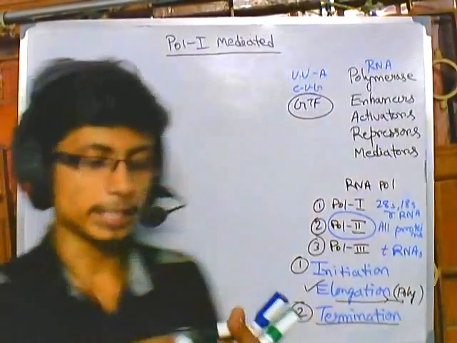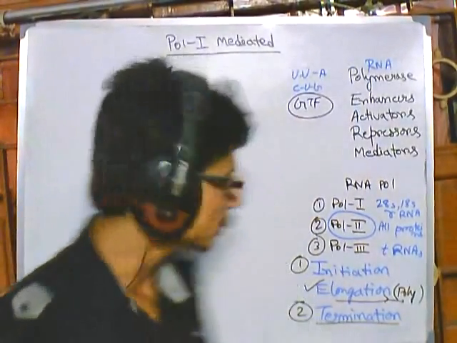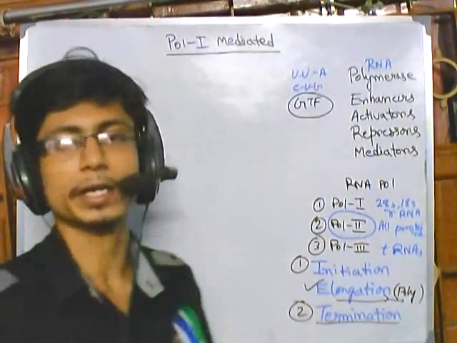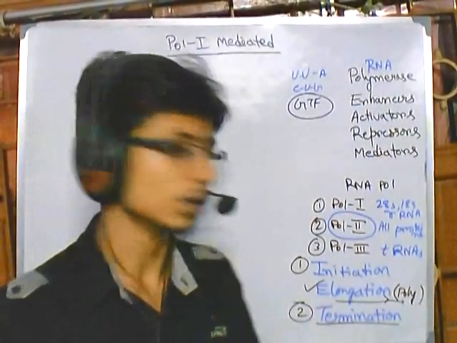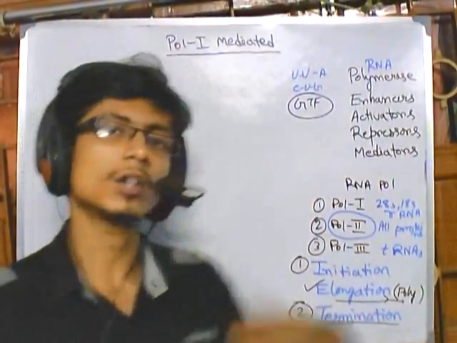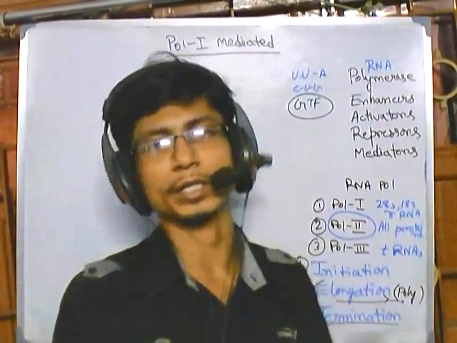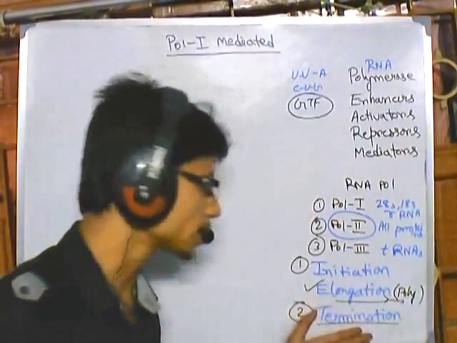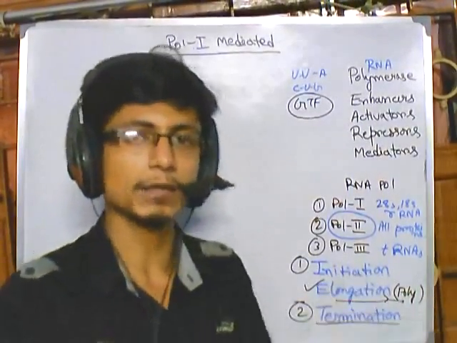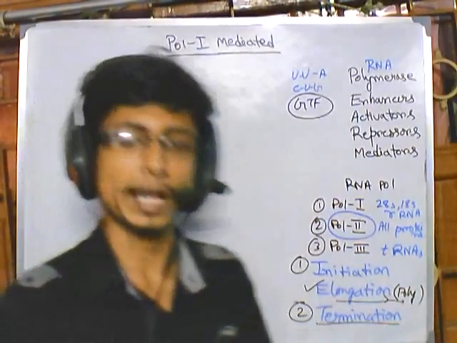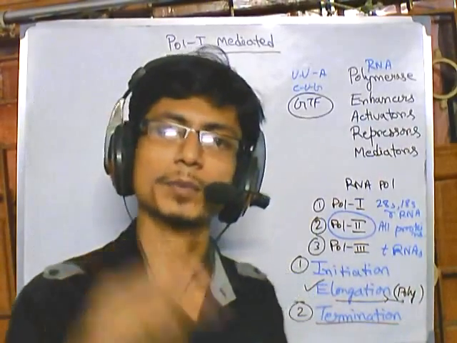So these two things differ, because the initiation stage is totally different in prokaryotes and eukaryotes, and the termination stage is also different, because termination in eukaryotes again involves many more transcription factors and many more different types of proteins.